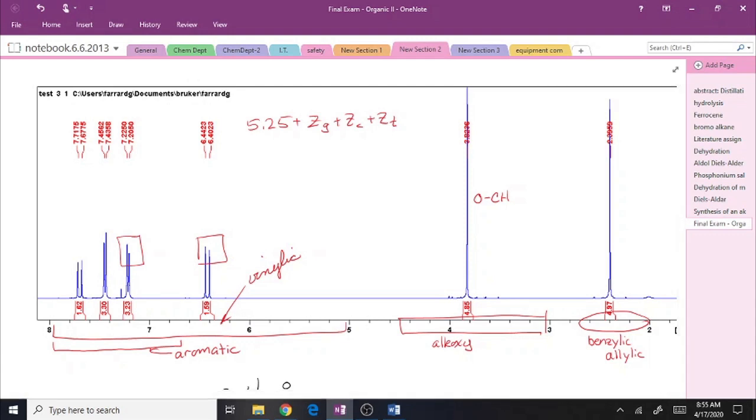You should be able to look at integrations. Typically, when you were processing these yourself, you were able to look at integrations and set them using the computer, but you won't have that option on the exam, and they may not be given as whole number integrations, in which case you should be able to calculate ratios. For example, we have a ratio of this one, 1.59, to this, 1.62.